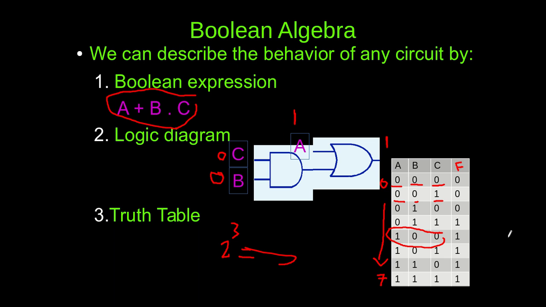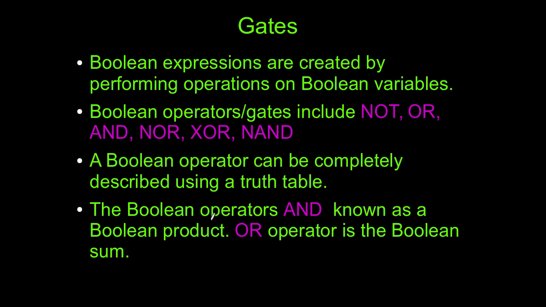I can have it 1 1 0, which is this one, and I can still have an output of 1. This is a truth table describing the behavior of this logic diagram. This is the Boolean expression as an equation. 3 ways to describe Boolean algebra, and we're gonna learn how to flip between those.